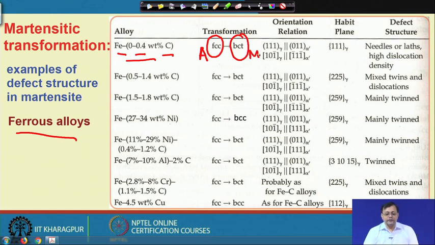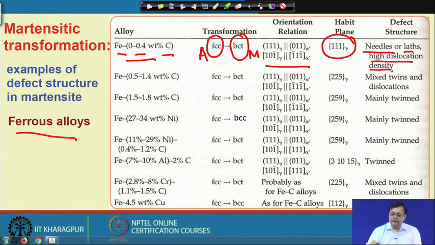And here this is the orientation relation, which of these directions and planes are parallel to each other, and 1 1 1 of austenite is the known habit plane. And the defect structure or the substructure in the martensite involves needles or lath type, and here it involves the formation of dislocations. So, the transformational strain in a low carbon martensite involves dislocation density.